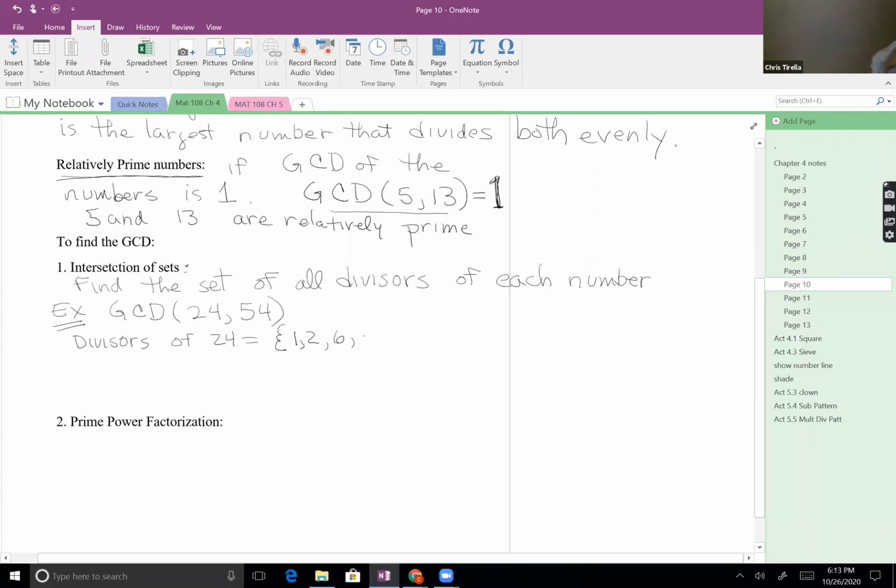What else? 12, 3, 4. What else? 8. What else? Can we even say 1? Yep, we got 1 in there already. Oh, I can't see. I thought that was 12. Oh, we got 12. Okay.